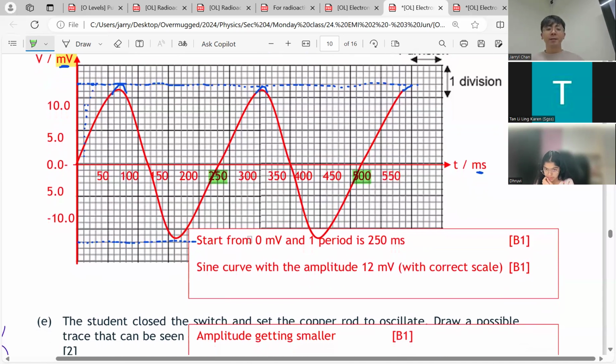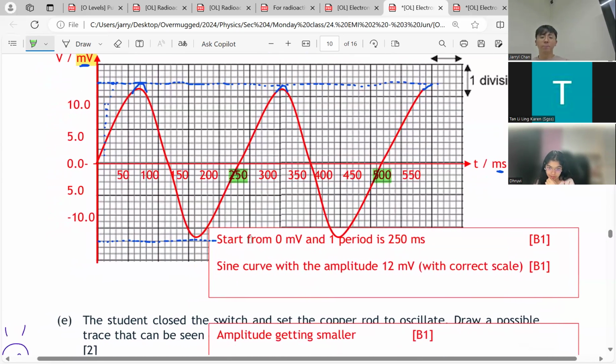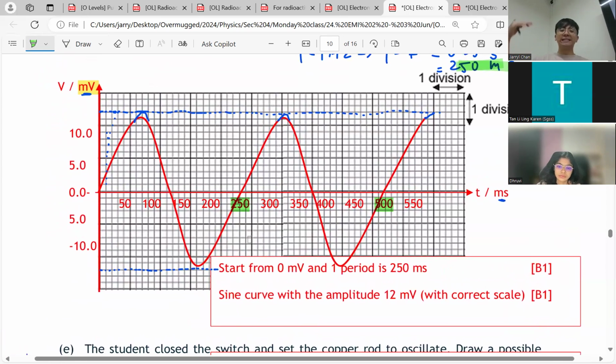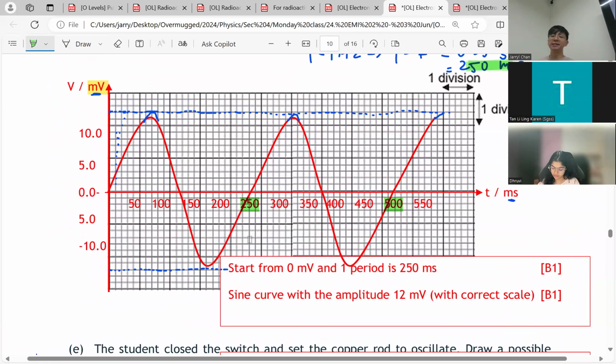Okay, let's think about that. The student closes the switch, setting the copper rod to oscillate, and we draw a possible waveform on the CRO to see what happens in T. Okay, I think I accidentally revealed the answer. For those who haven't managed to see the answer, let's think and discuss it. Sorry, I'm still drawing. You can take about 30 more seconds to wrap up. Seems done.